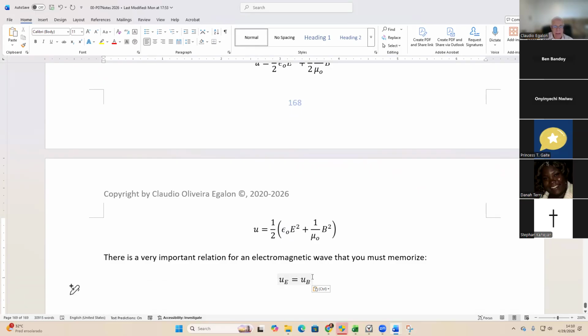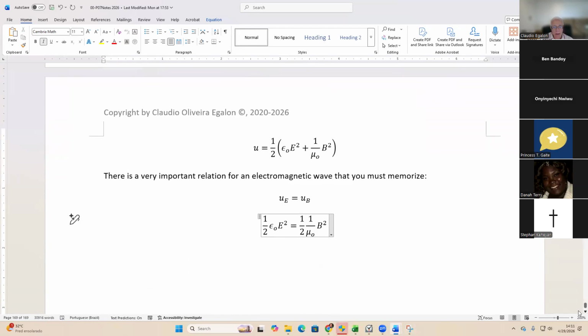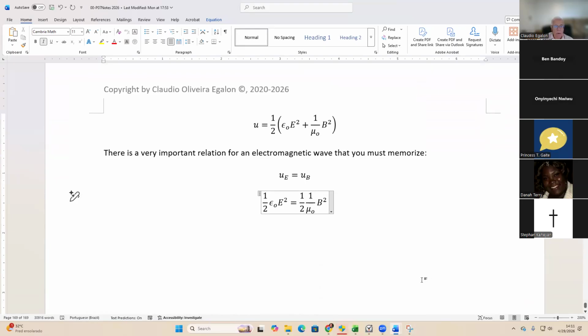Because of this equality, we have this relation right in here. Energy density in the electric field equal to the energy density in the magnetic field. Put here an equal sign, like that.